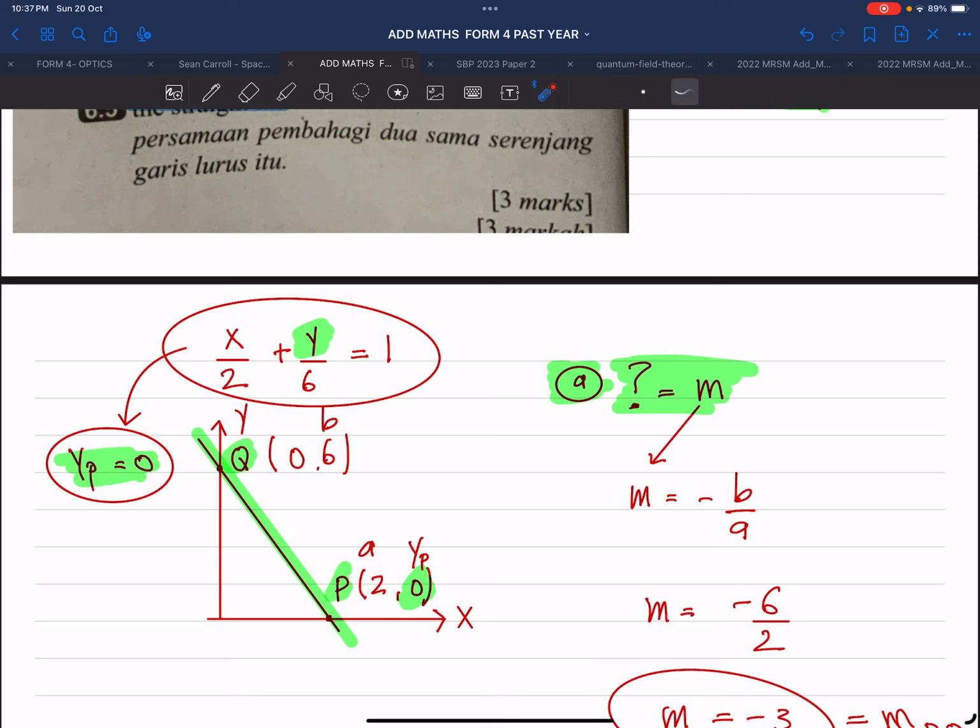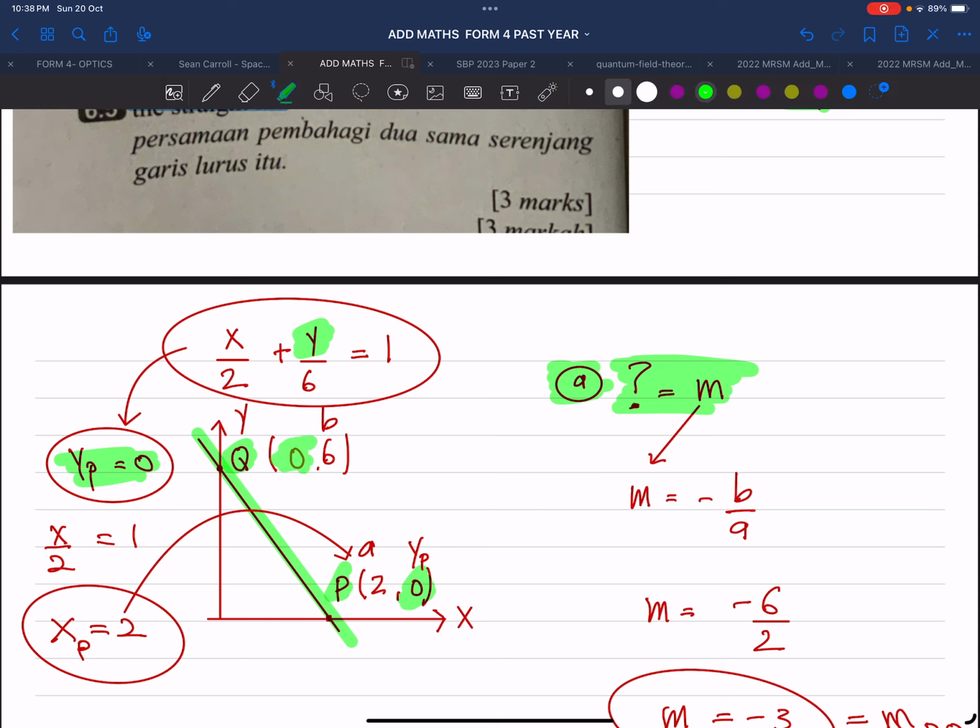Repeat the same thing. The question said that the line intersect the y coordinate at q. Now this q is at point y, and in point y, we know that the x coordinate must be 0. Point on the y-axis, the x coordinate is 0. So this is xq. And how do we get the yq?